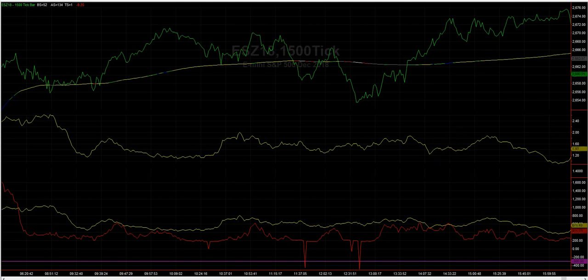Now, the thing to keep in mind is that the range only occurs by the action of the buyers and sellers moving price in a particular direction. So the effect is immediate, and that's when we look to the price action indicator down here.